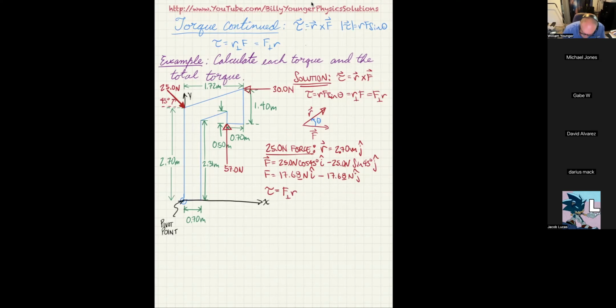So we know the lever arm already has a magnitude of 2.70 meters, and we also know that the component perpendicular to it, remember the lever arm is this vector right here. So this component of the force is actually perpendicular to the lever arm because the lever arm is this guy.